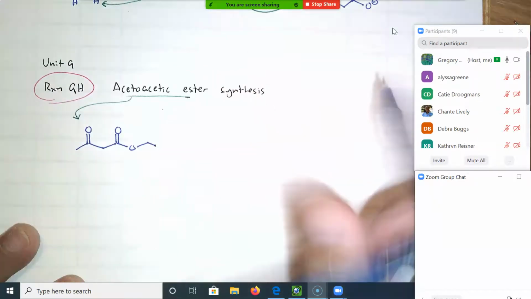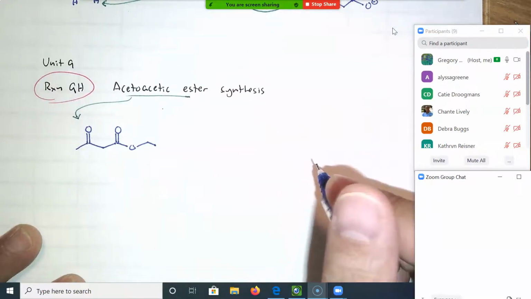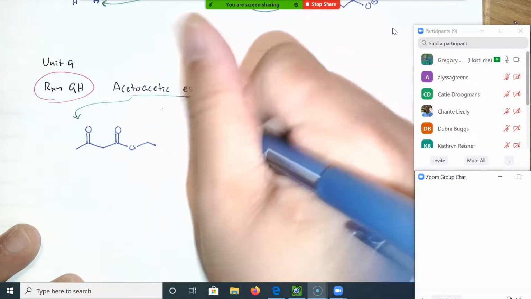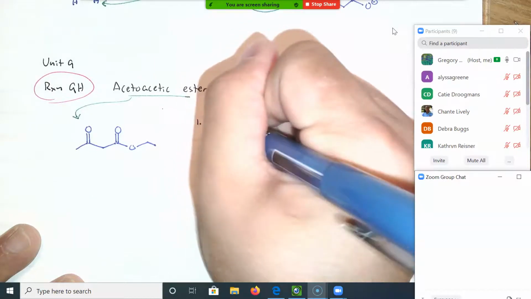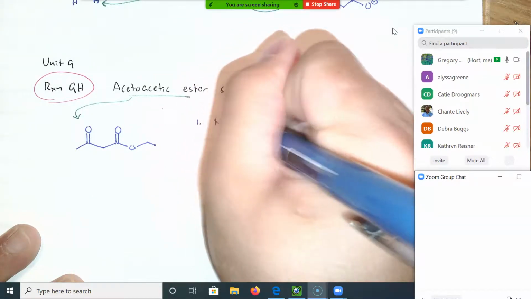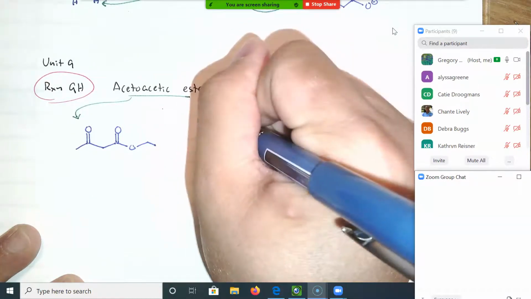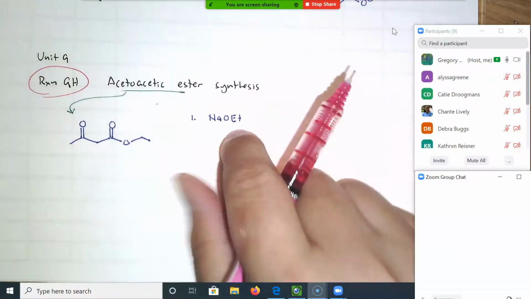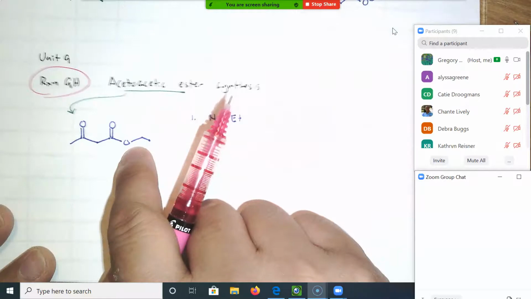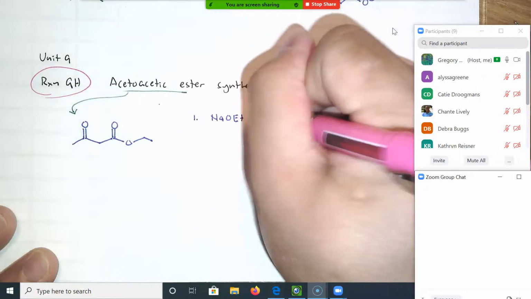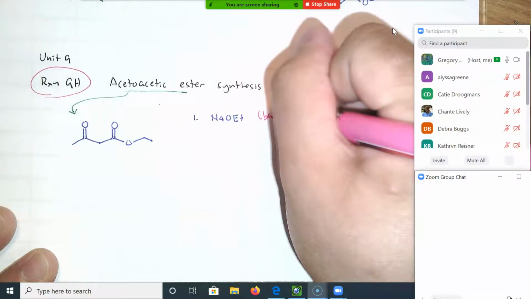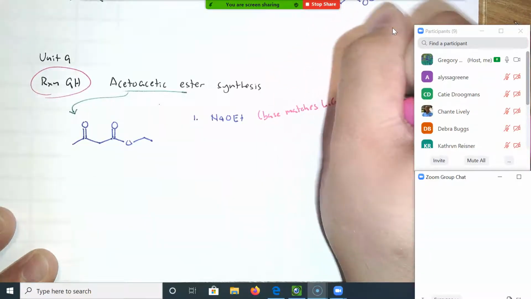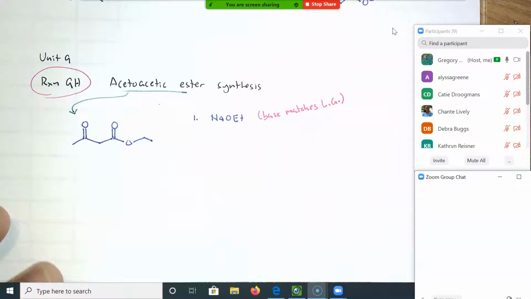Okay. You start from there. The first reaction is a base. But look at the base that I'm using. NaOEt. This is a concept where your base has to match your leaving group. In one of the videos I explained that.